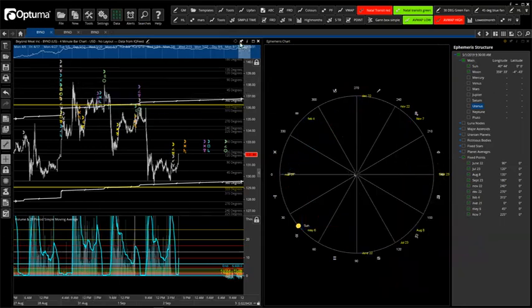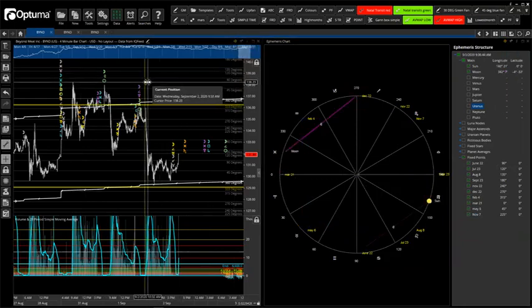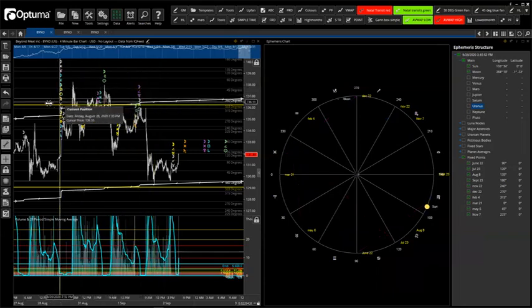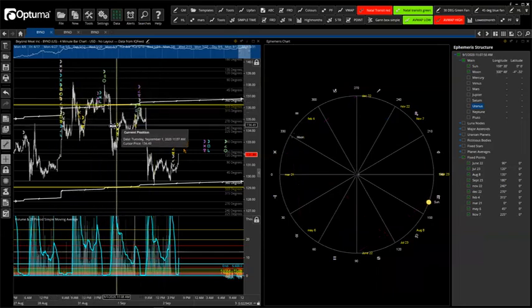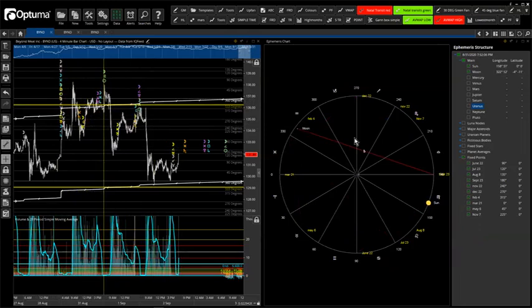So let's get our yellow line. Let's move our date here. And let's see, we want to see the moon crossing through the ephemeris and making a biquintile relationship here to September 23rd. And then as it goes through, it makes a quintile relationship here to May 6th.